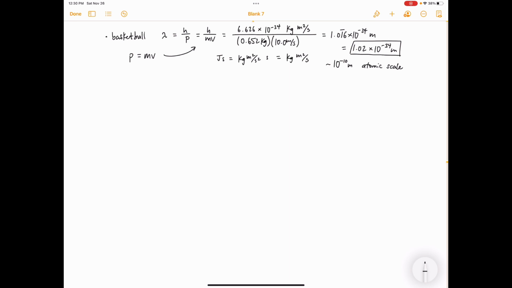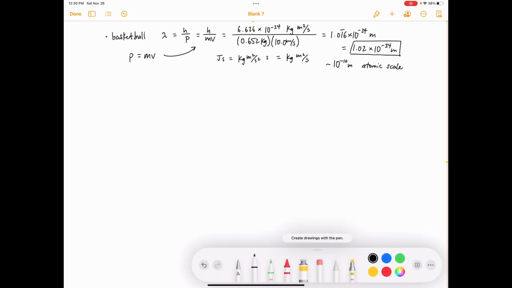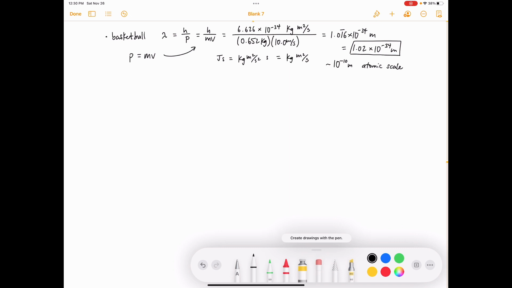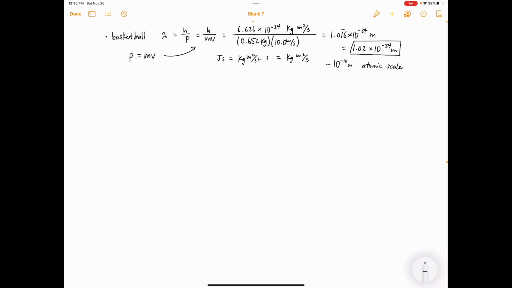In other words, the wavelength we just calculated is so small that it makes atoms look gigantic. So we get unimaginably small wavelengths for everyday macroscopic objects like a basketball, which is why we don't really notice the wave-like properties of macroscopic objects. But if we do the same calculation for the electron, here's what we get.